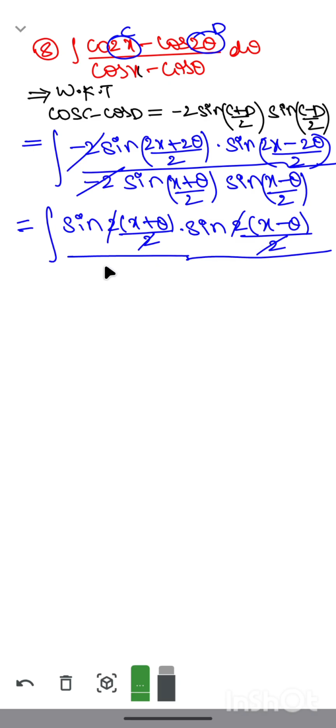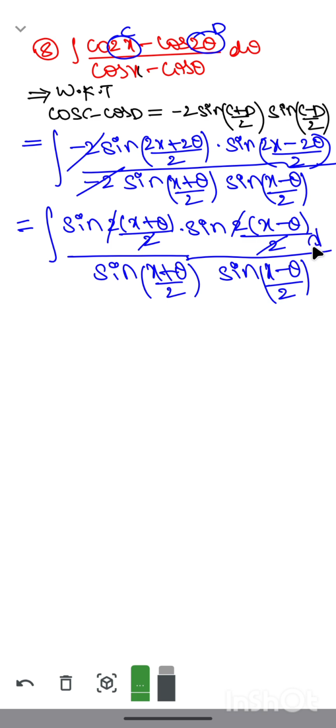The denominator terms remain the same, that is sine of (x plus theta) by 2 into sine of (x minus theta) by 2, into d theta. Now let us think further about what we can do.